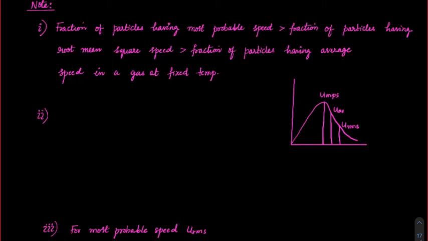First, the fraction of particles having most probable speed is greater than the fraction of particles having average speed, which is greater than the fraction of particles having root mean square speed in a gas at a fixed temperature. Oh, I made a mistake here: not root mean square first, average, because average comes before root mean square.